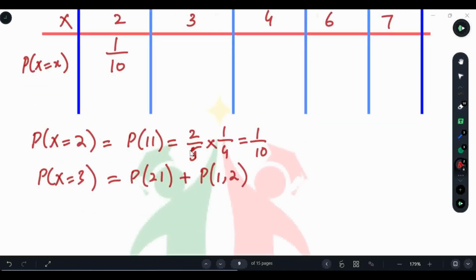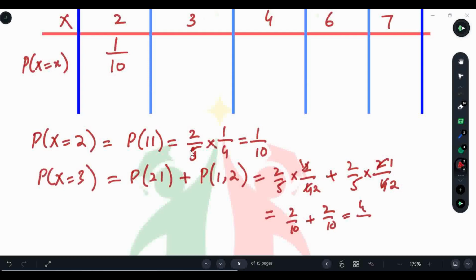We know that the probability of 2 for the first case will be 2 by 5, and for the second case for 1 this will be 2 by 4, plus 2 by 5 multiplied by 2 by 4 for the other order. If we simplify it, we get 2 by 10 plus 2 by 10, which means 4 by 10.